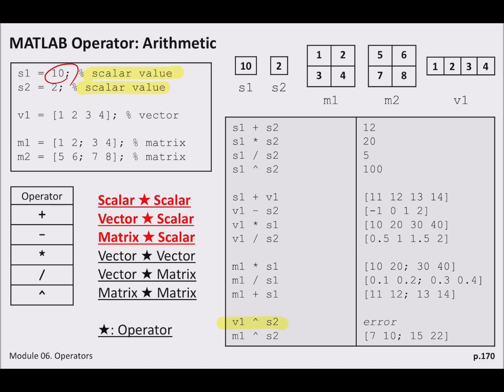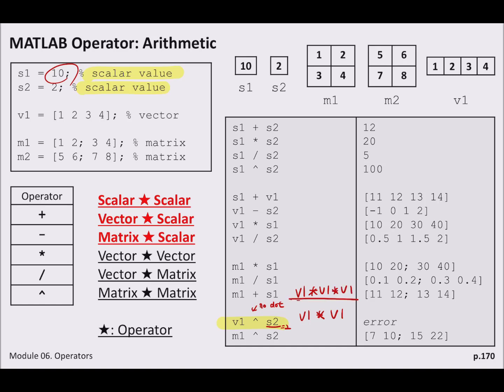But what about this one? This one is not there. If there's no dot here, that is a matrix power. That is not the element-wise operation. This one is interpreted as V1 matrix multiplied by V1 again. If S2 becomes 2, or 3, we do this operation.